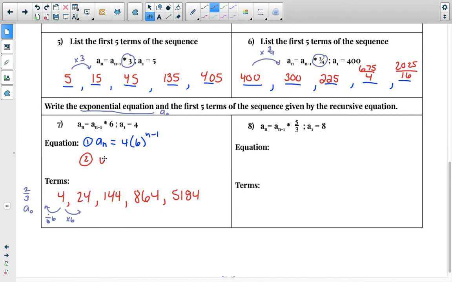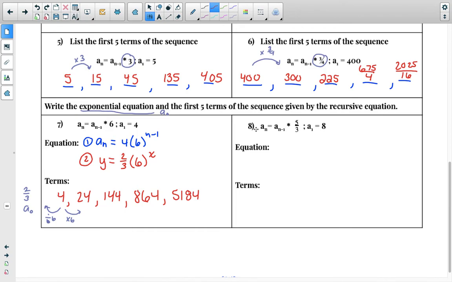So our exponential equation is y equals 2/3, the point 0, 2/3, so that's our a sub 0 number, times our common ratio, which is still 6, but now it's raised to the x because y and x go together. Using our recursive form to get our terms will help us to find our a sub 0.